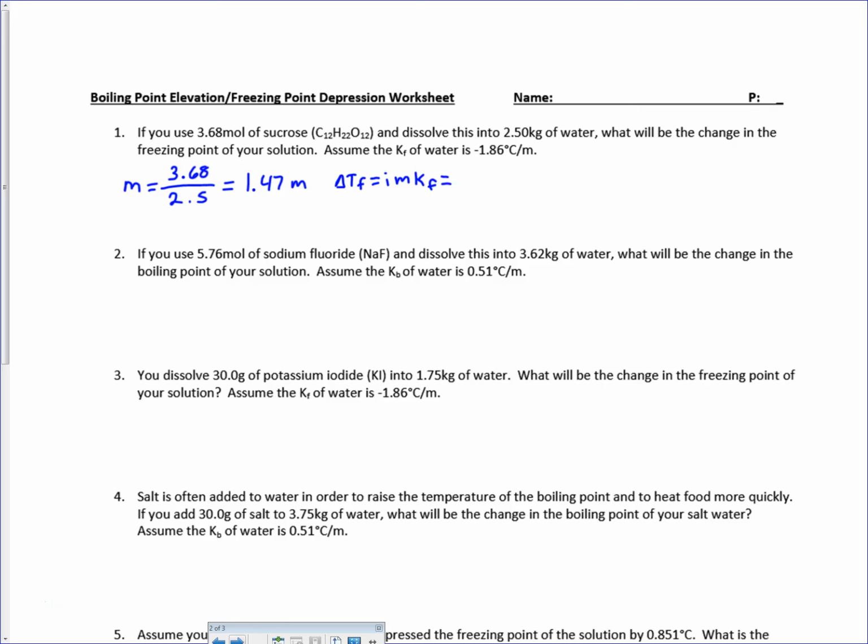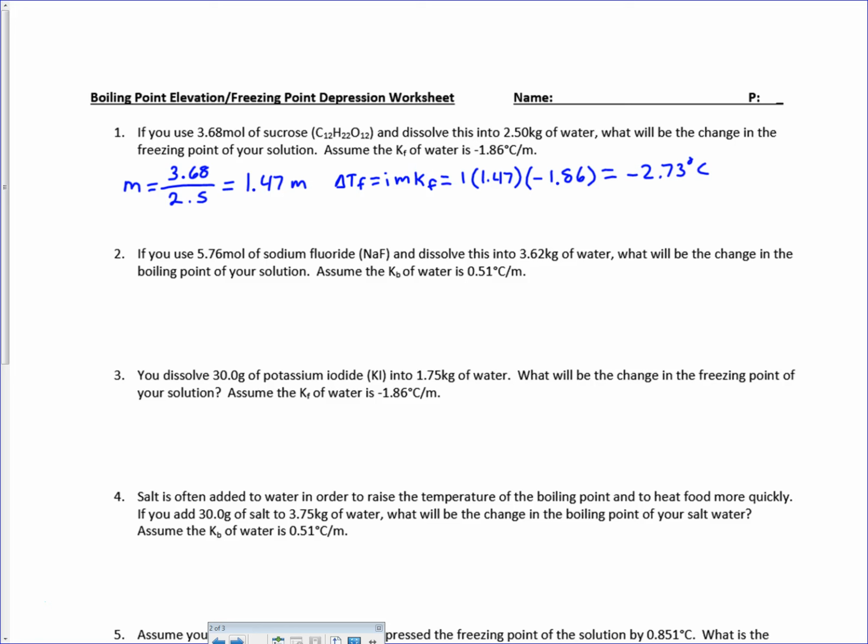And so this one's only going to stay as one piece, however you interpret that. And so our Van 't Hoff factor is 1. The molality here is 1.47, and the freezing point depression constant is negative 1.86. So we go through and we multiply all that out, we get negative 2.73 degrees Celsius.